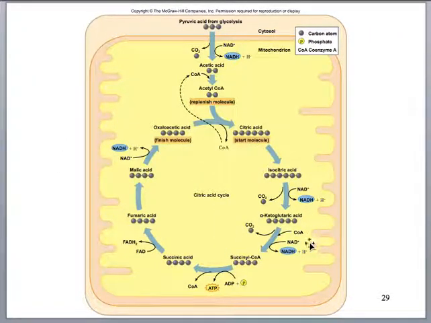So in the citric acid cycle itself, what do we generate? Remember, this is going to happen twice because we get 2 acetyl-CoA molecules. We will get 4 carbon dioxide, 2 per turn. We would get 6 NADHs, 3 per turn, 2 FADH2s, 1 per turn, and we would get 2 ATP, 1 per turn.